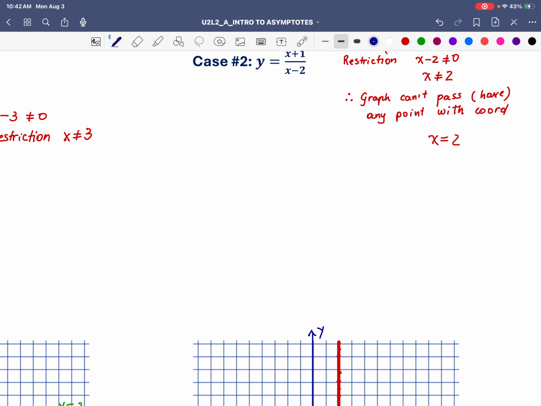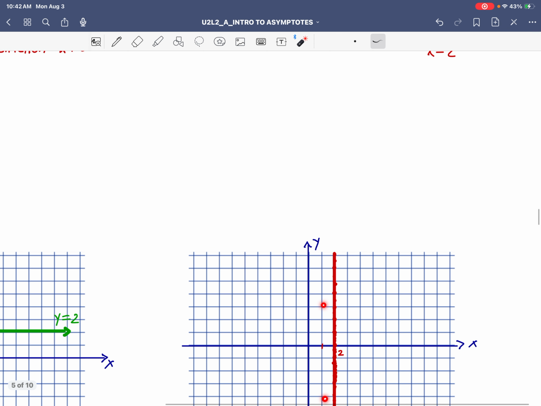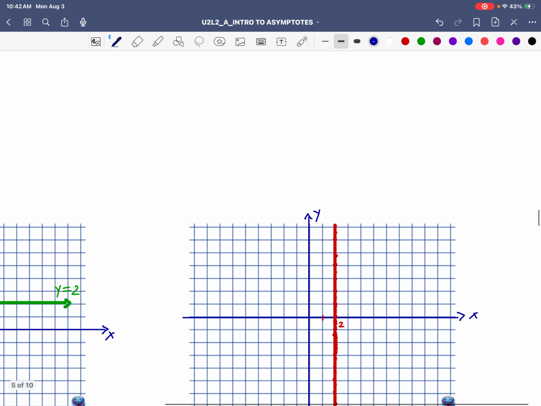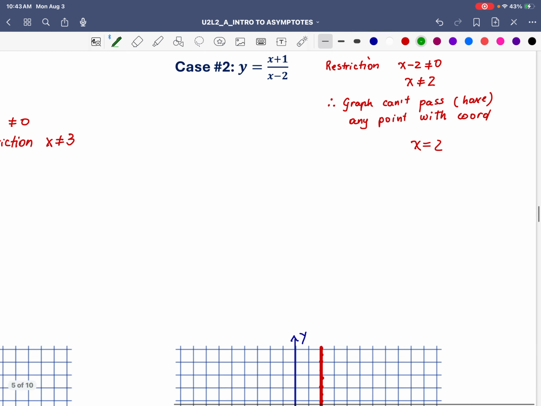So the function doesn't behave randomly, so it's not going to have one point here and one point in here. There has to be some pattern. So in order to understand this, we are going to approach x equals 2 from the right-hand side of it, and then we'll approach x equals 2 from the left-hand side as well. But let's start with the right side.